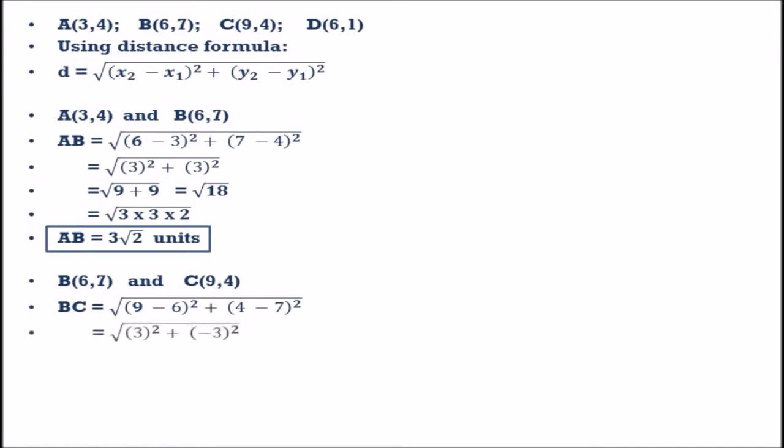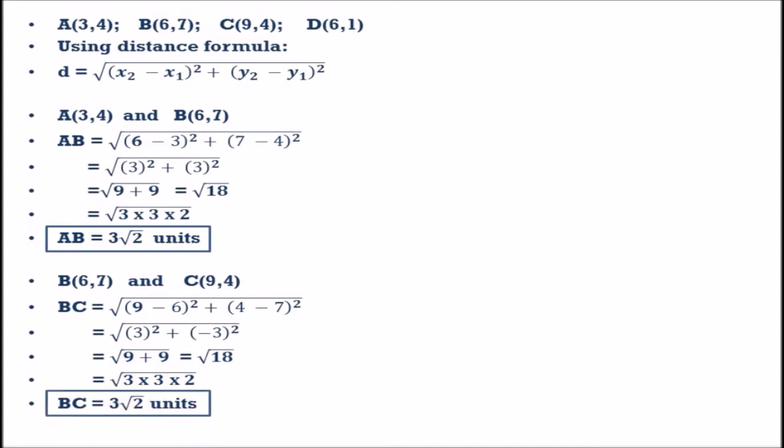So 9 minus 6 will give us 3 square, plus, 7 being the bigger number, the minus sign will carry on, minus 3 whole square. 3 3s are 9, minus into minus plus, 3 3s are 9. So under root 18. That is 3 into 3, 9, 9 into 2, 18. So we can write BC equals 3 root 2 units. So this is our measure of BC.